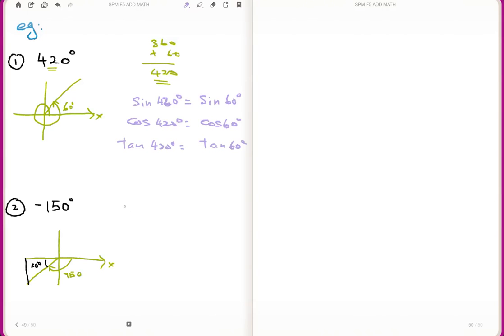Then if you want to find out what is sine negative 150, that would be add sugar to coffee. It helps me. I would say it will be a negative sine 30 equivalent. Why is it negative? Because it's in the third quadrant, only tangent is positive. For cos of this angle, that would be negative, yes, cos 30.